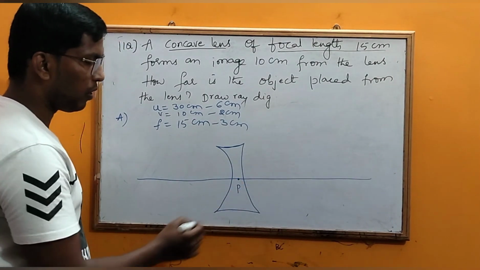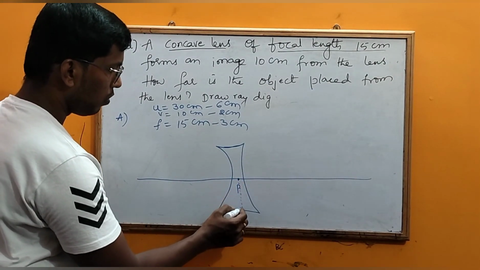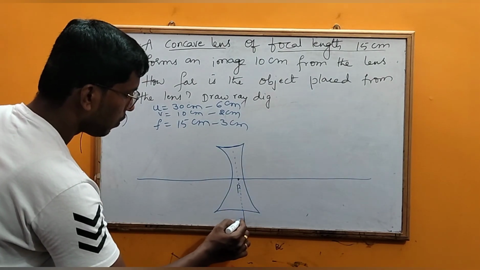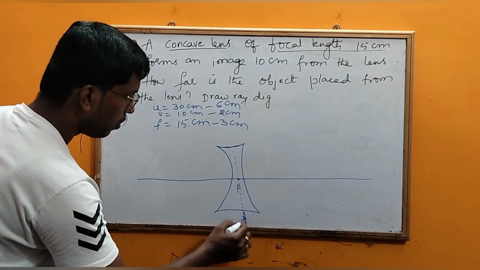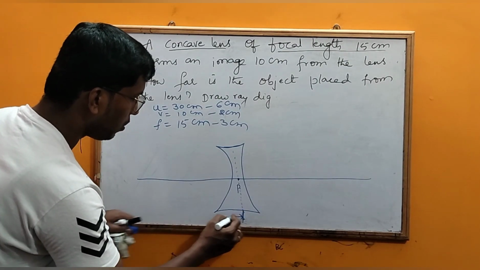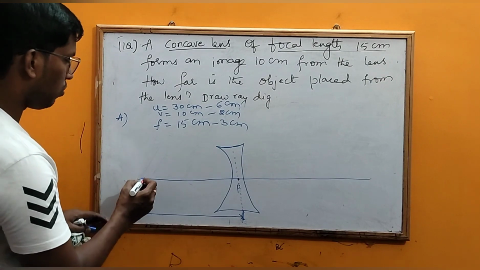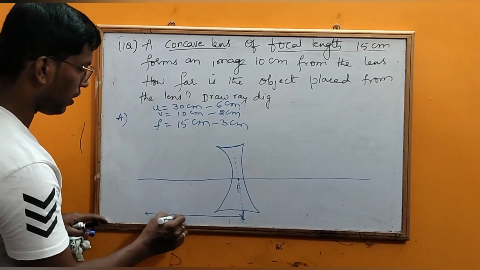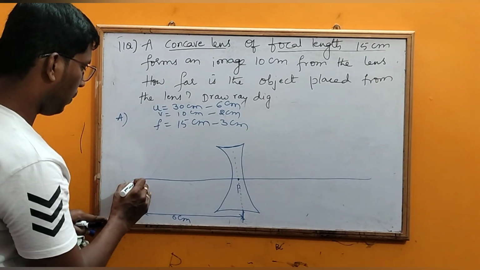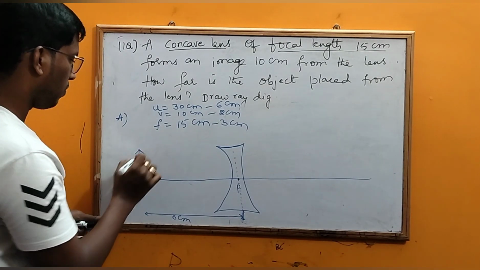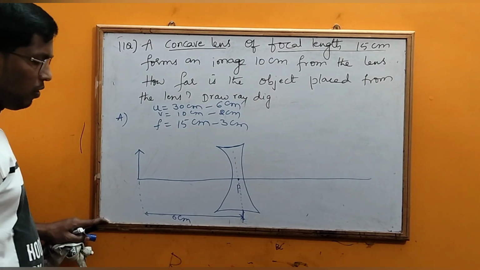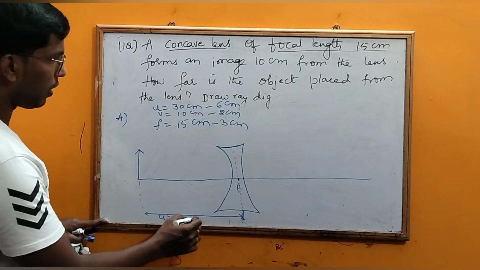From the optic center to here, 6 centimeter. Let us assume that from here to here is 6 centimeter. 6 centimeter is nothing but 30 centimeter. So I have placed the object here. This is the object distance u, 6 centimeter. In brackets you can write 30 centimeter.